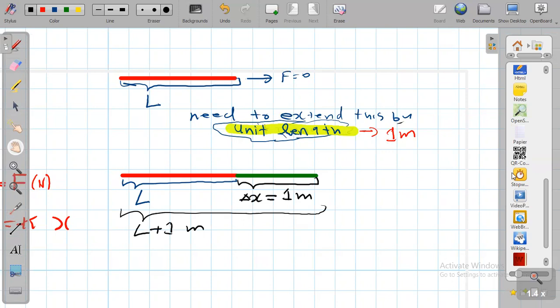Ten seconds more. An important thing missed here. At this moment, the force is equal to F.